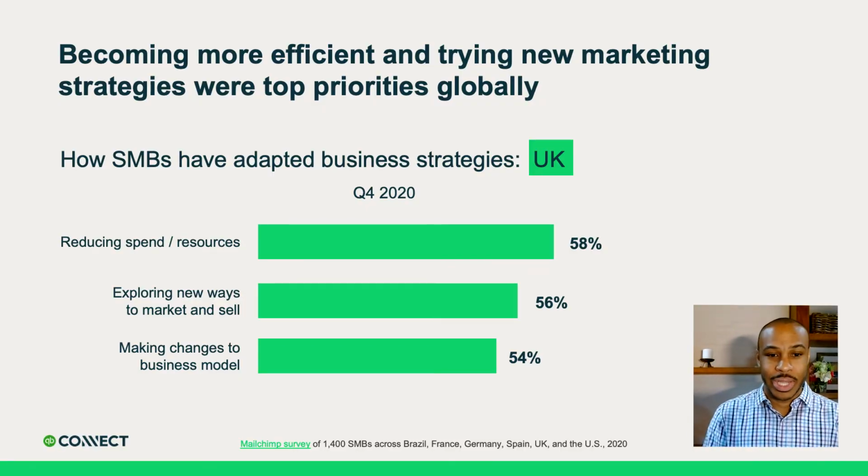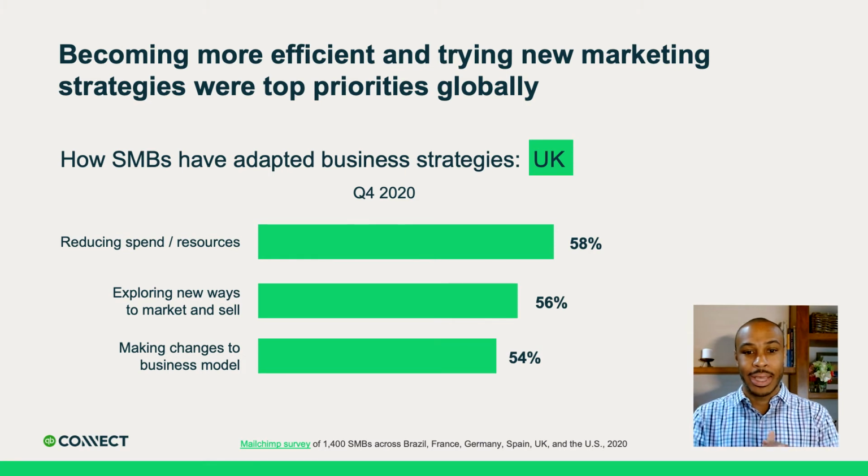So the first trend is based on some survey data that we've collected over time and speaks to the ways in which SMBs have been adapting their business strategies, obviously, as we've all been dealing with the global pandemic. Particularly for the UK, what we're seeing is that becoming more efficient and trying new marketing strategies are top priorities.